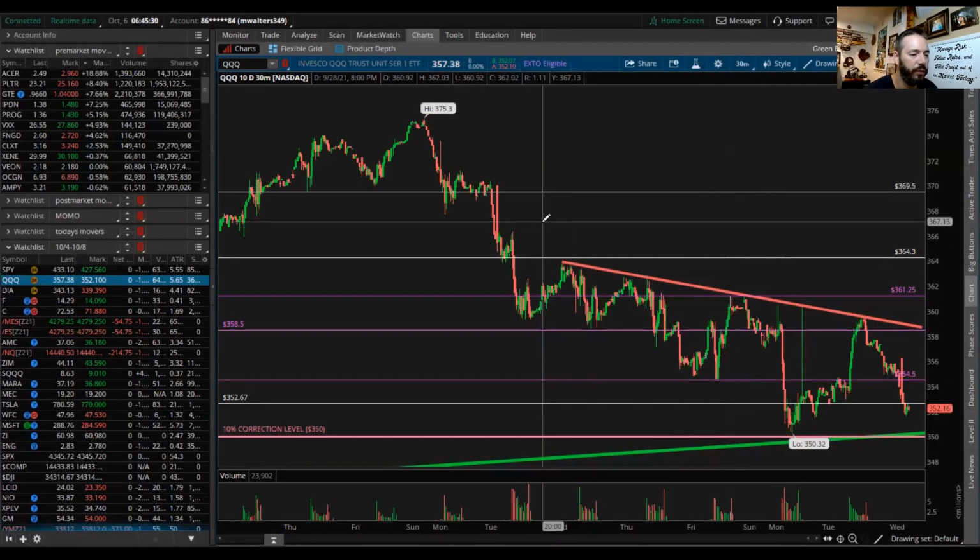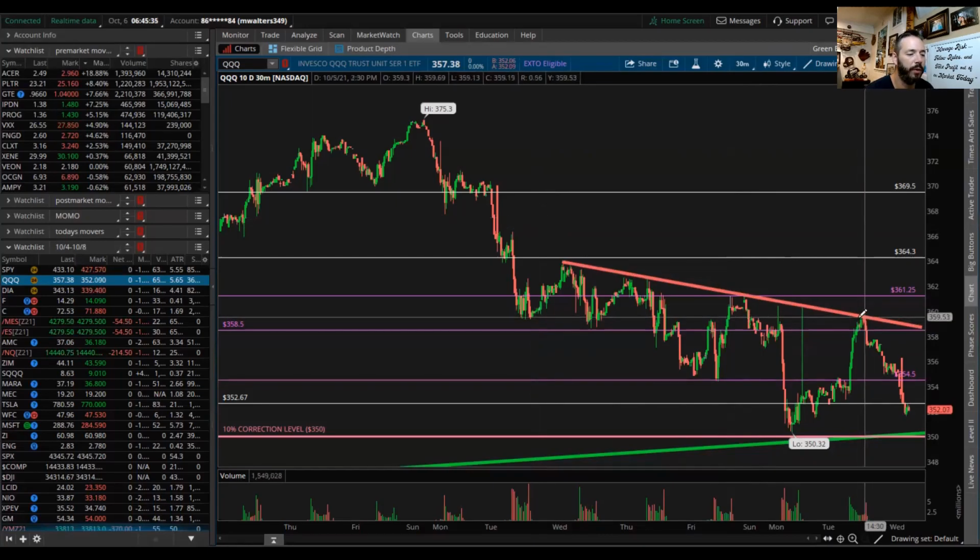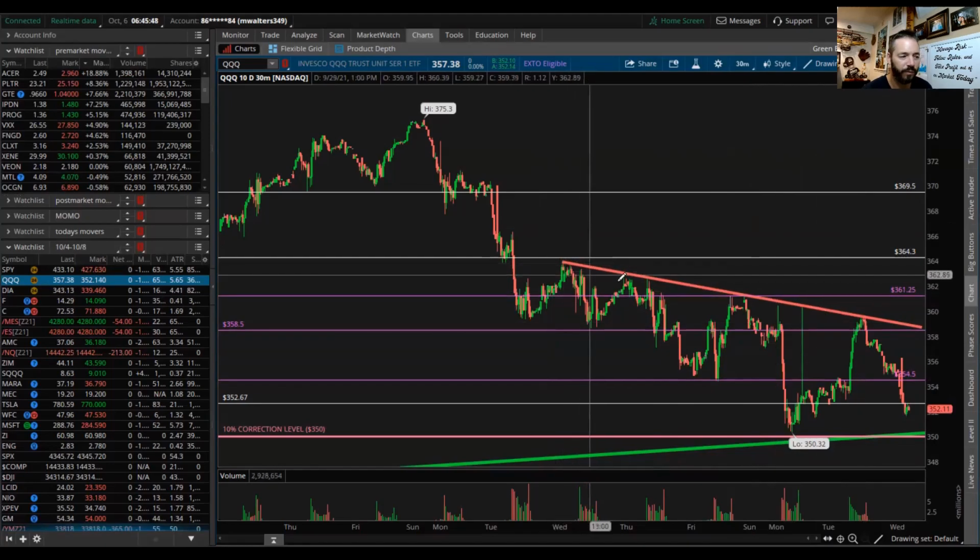So this is the Qs coming into today. Right here is where I posted, we're running up into that trend line, for everybody to be careful. We're now down $7 a share on the Qs, which means the bears, the sellers, are in control at the moment.